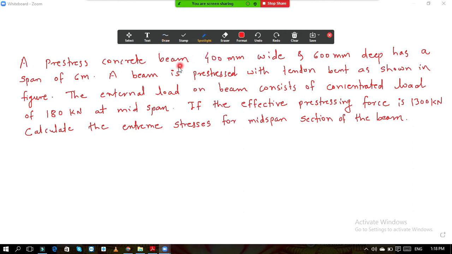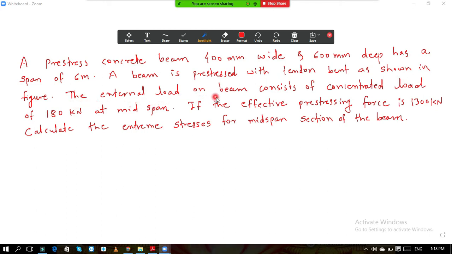This is the given numerical. I will read it once again for you. A prestressed concrete beam 400 mm wide and 600 mm deep, so the cross section is given to us, has a span of 6 meters. The span is also given. The beam is prestressed with a bent tendon as shown in figure, so I will draw the figure.